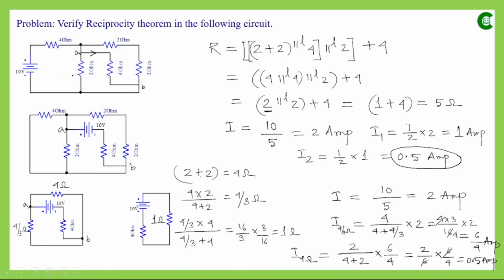We can think of it this way: we placed the voltage source in the branch where originally the current value was obtained, and now we obtained the current value where the voltage source was originally placed. This time also, in this branch where the voltage source was originally placed, the current value that we have got is also 0.5 ampere. So this proves the reciprocity theorem. With this I end today's class. Thank you.